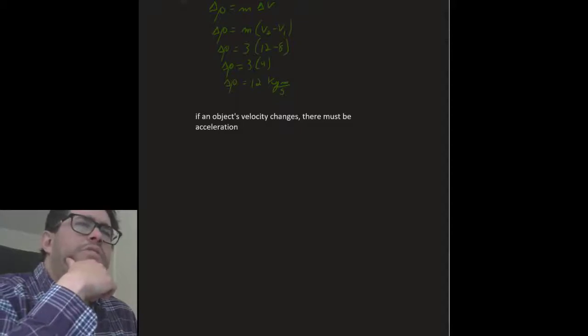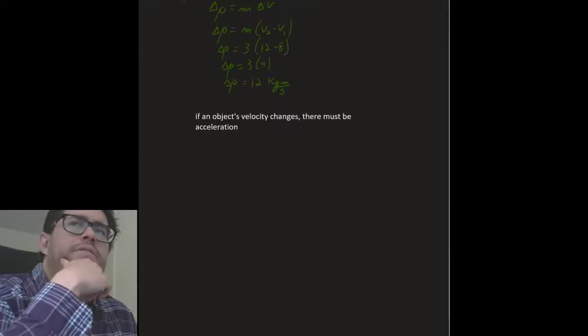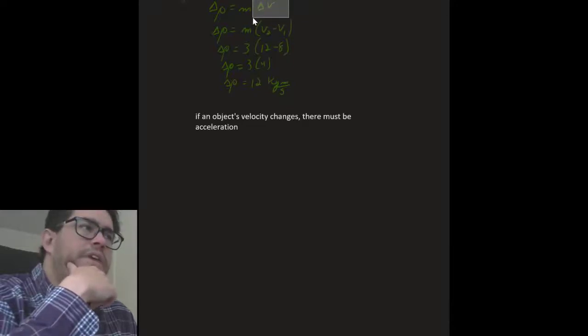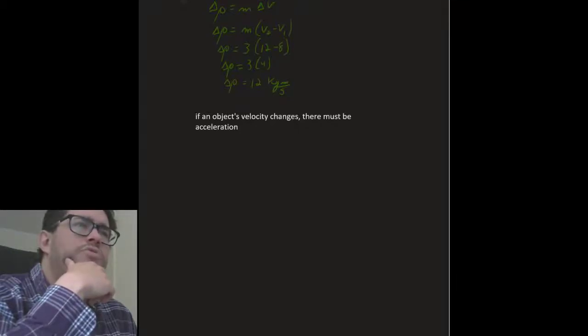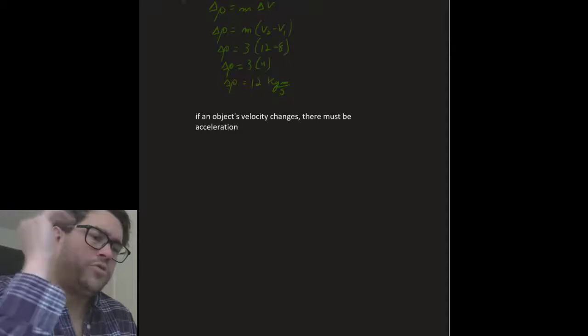As well, in order to accelerate an object, there must be a net force. So they're saying that inside this idea is the idea of acceleration. We will develop this. Therefore, when a net force is applied on an object, its momentum changes. You apply a force, you apply acceleration, you change the speed, you change the momentum.